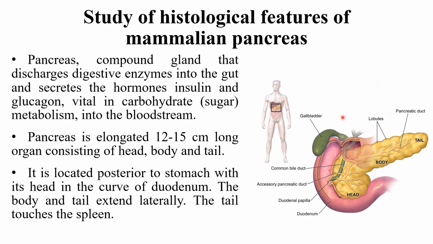You can see here above there will be the stomach, and below that the duodenum will be there. In the curvature of the duodenum, the head of the pancreas is situated. The body and tail of the pancreas extend laterally, and the tail of the pancreas generally touches the spleen.